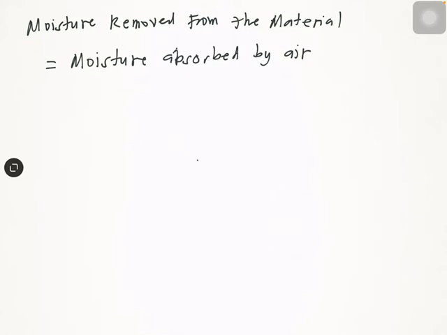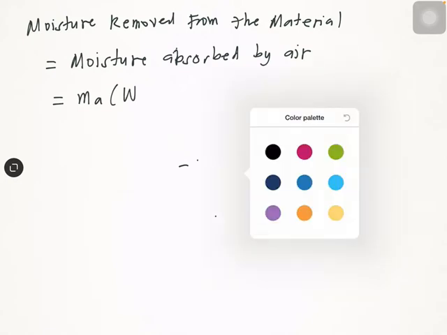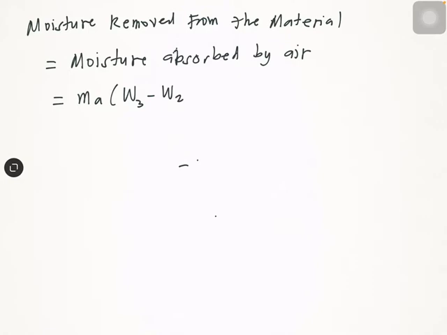So this is equivalent to MA times W3 minus W2, in terms of kilograms per second. And therefore this is equivalent to M4 minus M5.